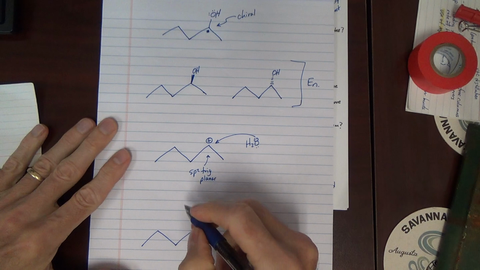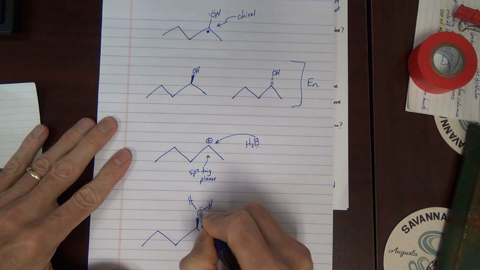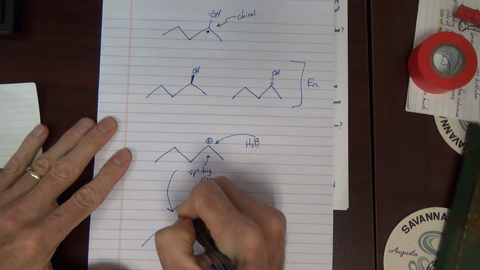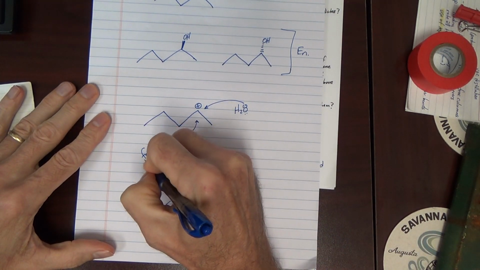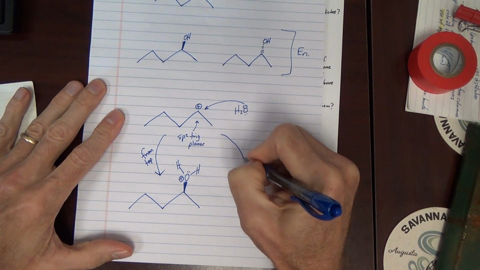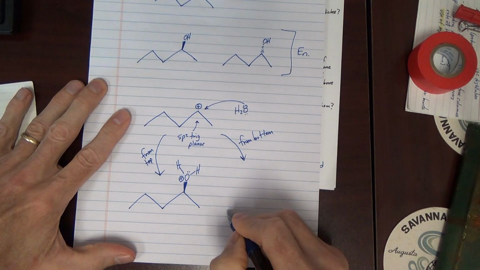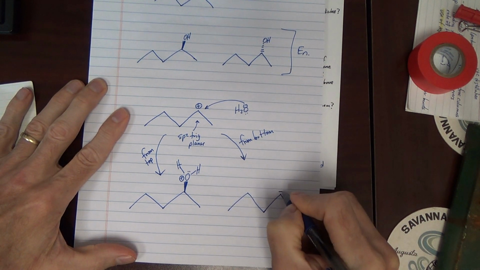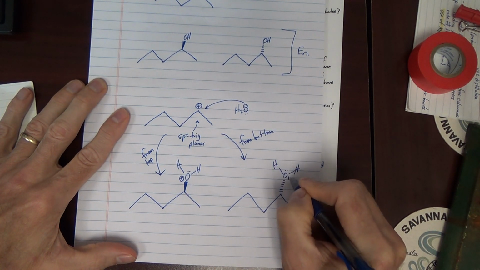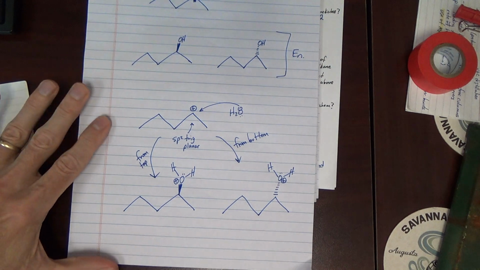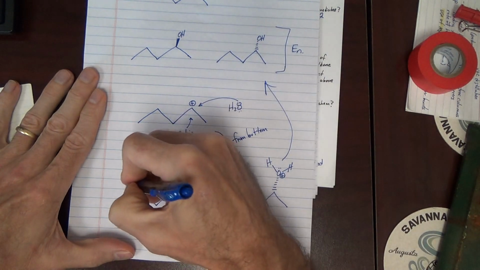If it came from the top, the water would be up to give that next intermediate. If it came from the bottom, then we would get that there. And then from there, when we lose a proton, we get that product and we get that product.